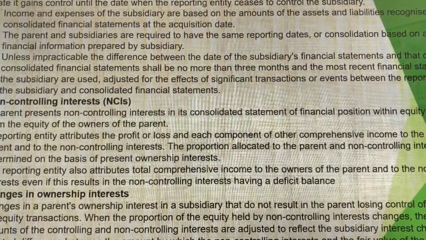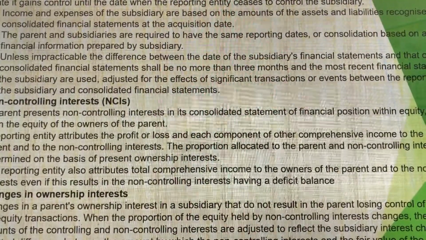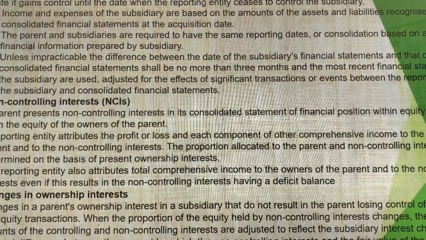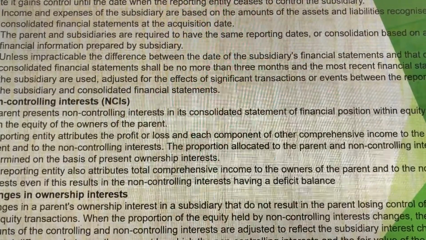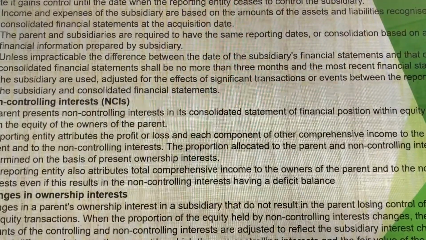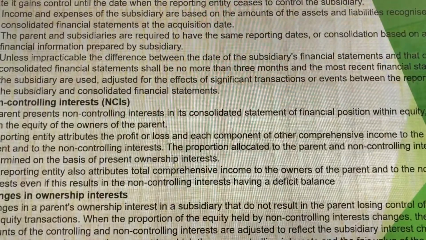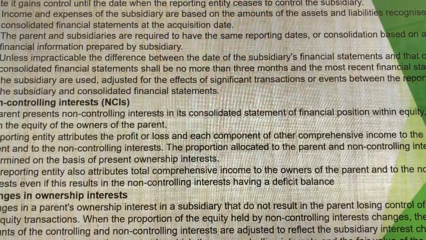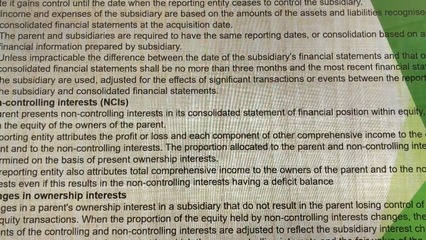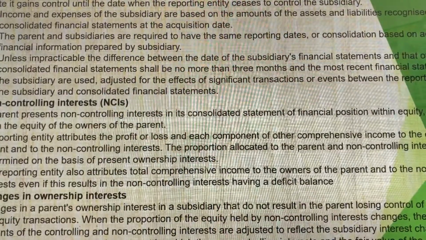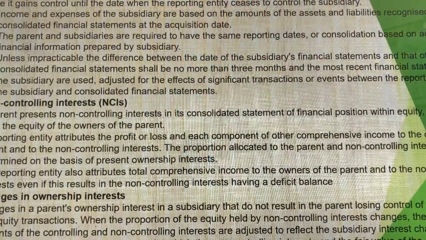So the non-controlling interest: a parent presents non-controlling interest in its consolidated statement of financial position within equity. A reporting entity attributes the profit or loss and each component of other comprehensive income to the owners of the parent.